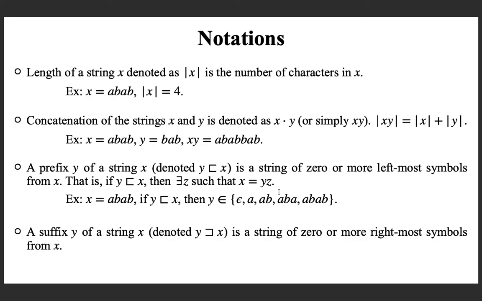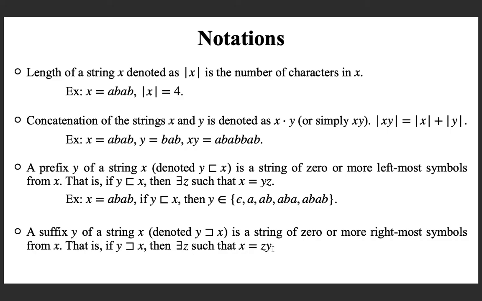Similarly, you can define suffix. A suffix y of a string x, denoted as this, y is a suffix of x, is a string of 0 or more rightmost symbols from x. So, here you are picking from the right side. So, if y is a suffix of x, then you can say that x can be written as z followed by y for some z.